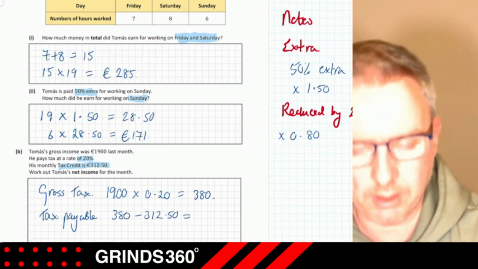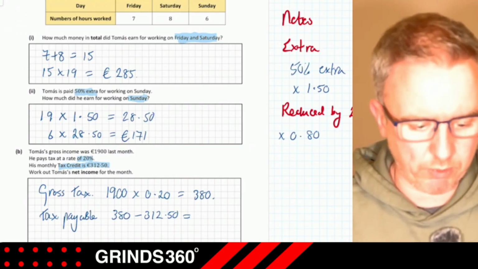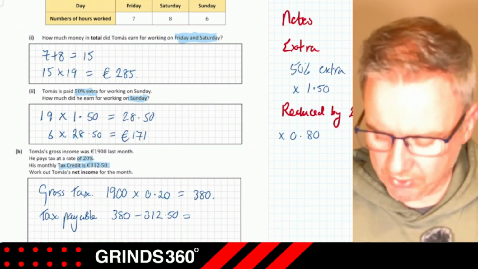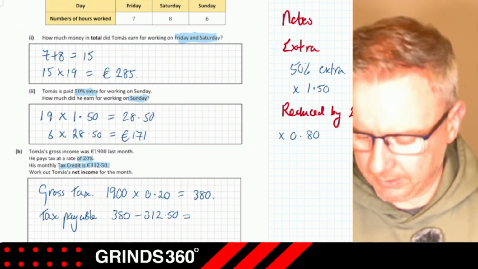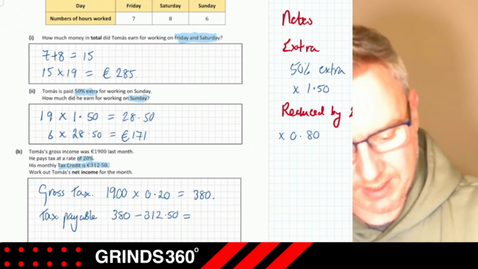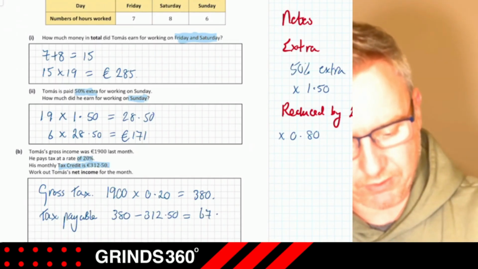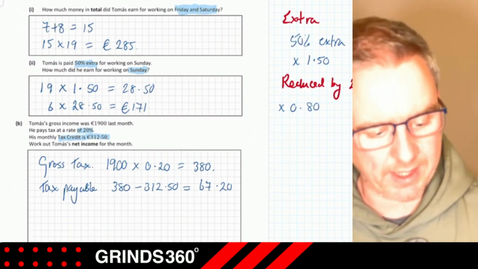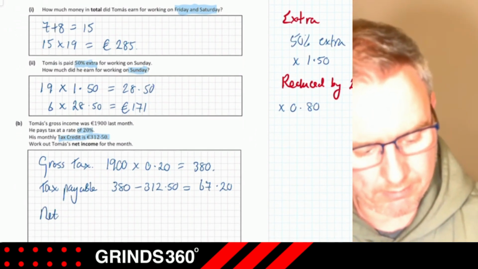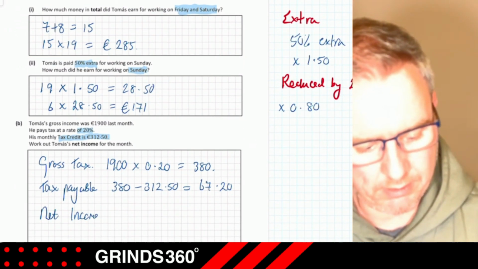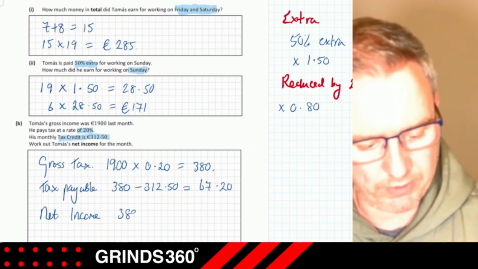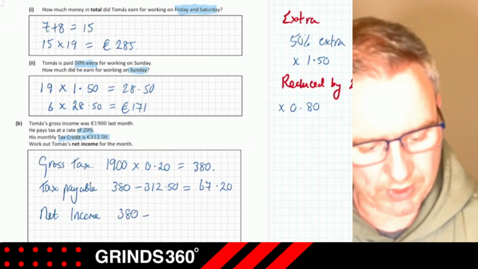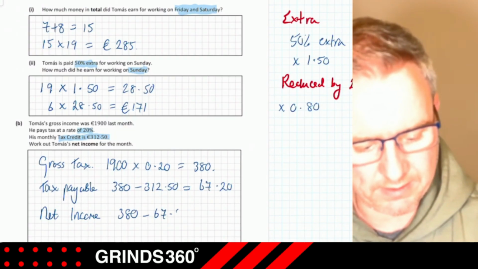And again, I'll go back through these workings to explain why we're going to lay them out in relation to partial credits as well, okay? So we're saying that our tax payable is €67.20. And then what is the net income? So all I'm doing is taking my 380 and I'm subtracting €67.20.